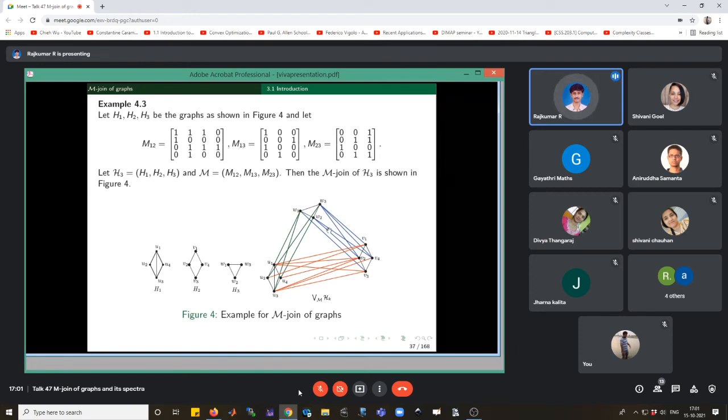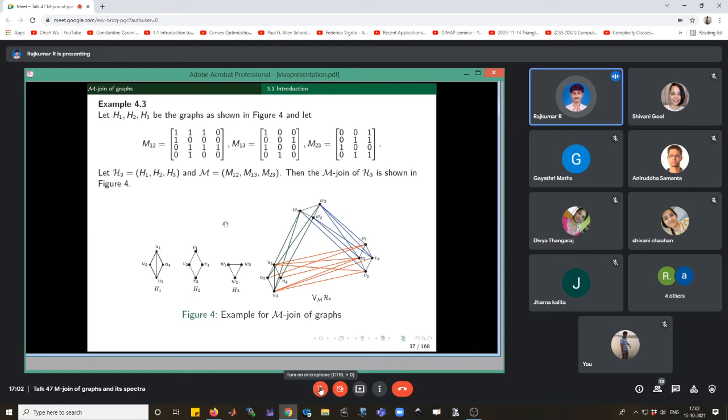H2 and H3, we join using M23. So we produce this. Of course, it is not necessary to take all three matrices. If we take only the first two matrices, then the third, corresponding to the blue color edges, will not appear.